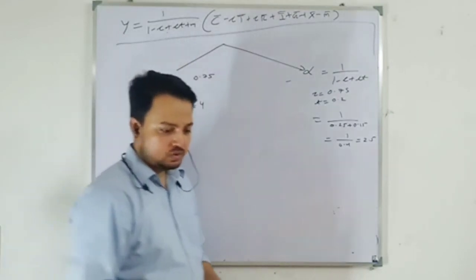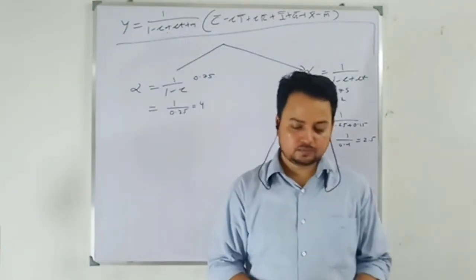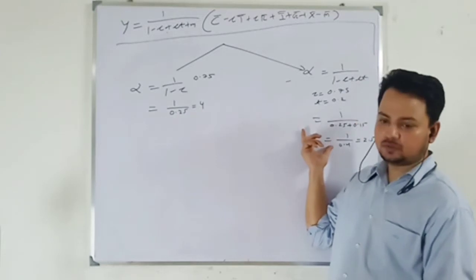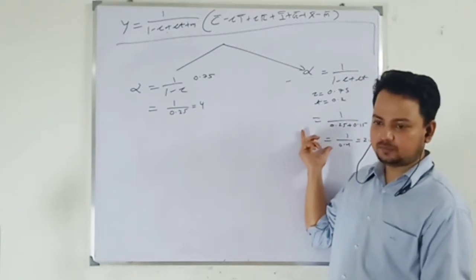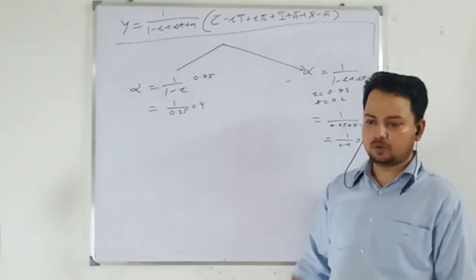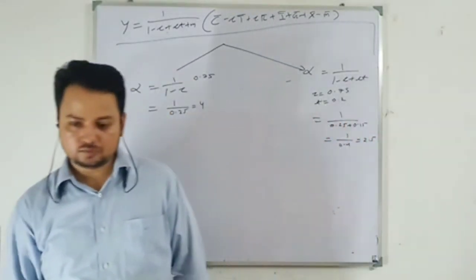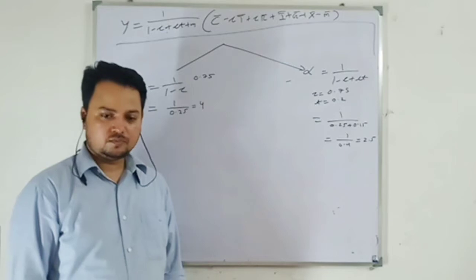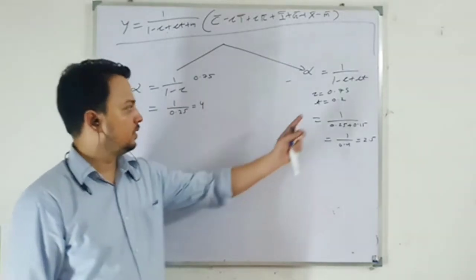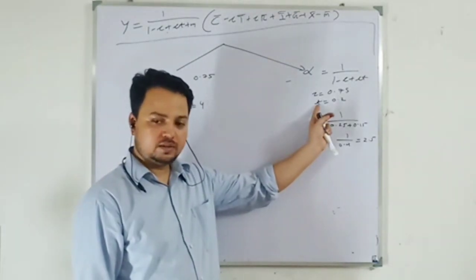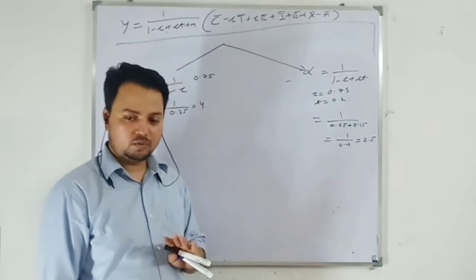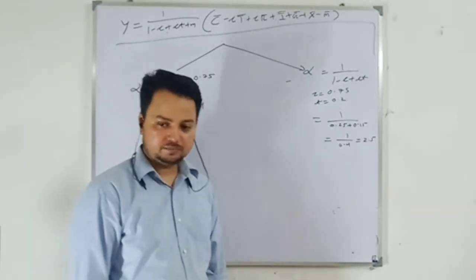So what will be the effect on national income when I have tax? My national income will be lower, right? Yes or no? In the case of income tax, my national income will be lower.